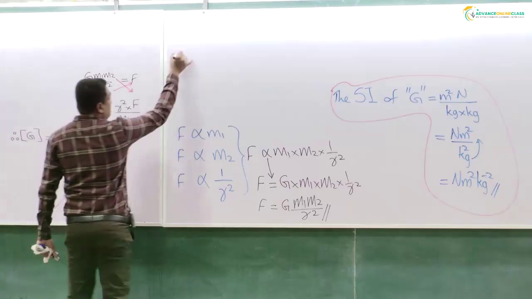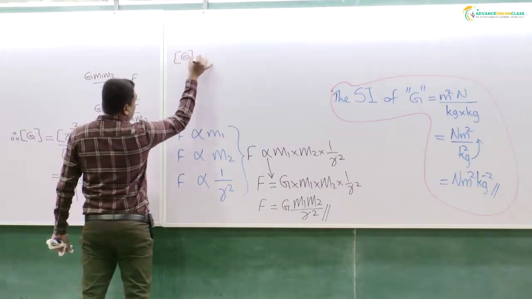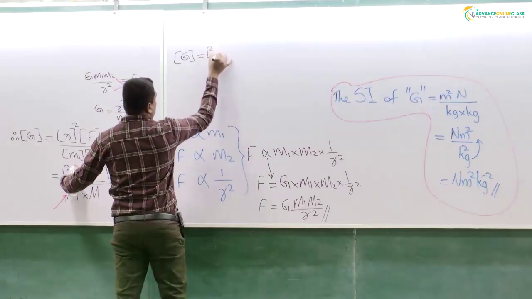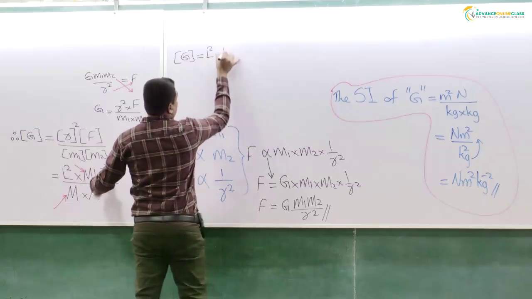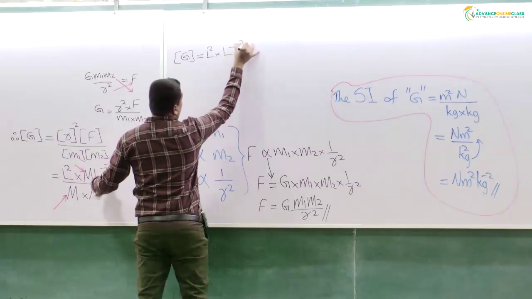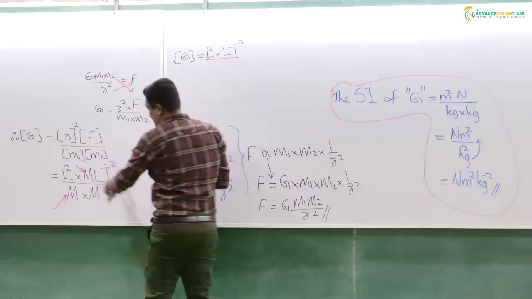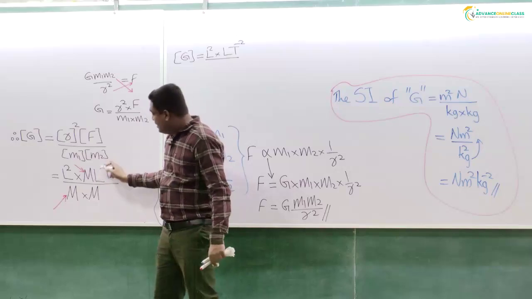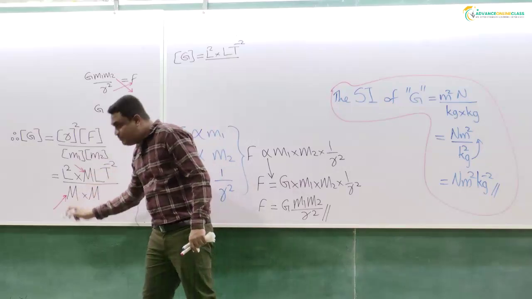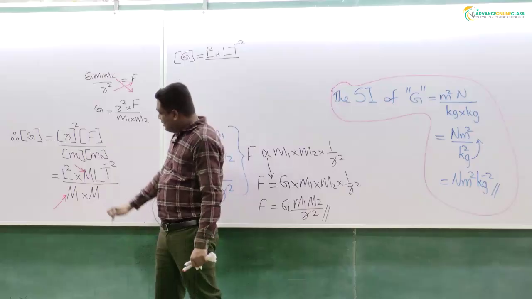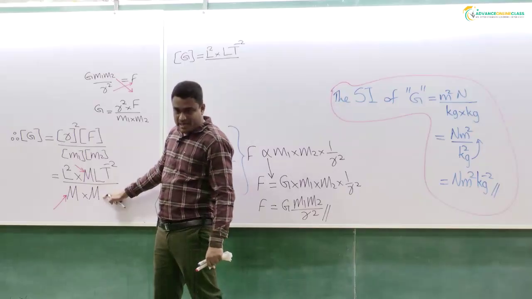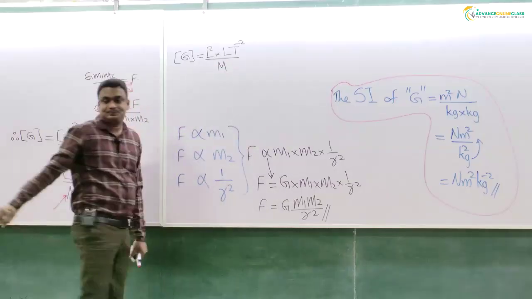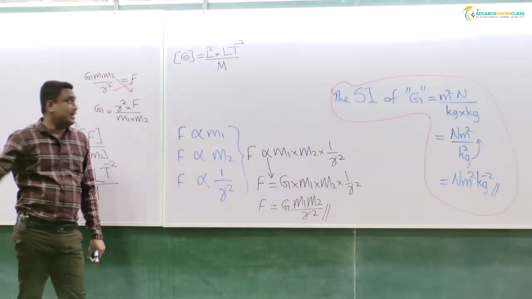Therefore, dimensions of capital G equals L square into L T to power minus 2 divided by M. You see, stop writing. This M and this M cancelled out. This M will remain. Am I right? Now, please don't write.